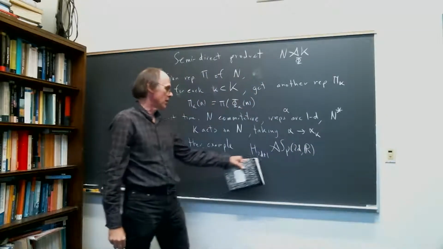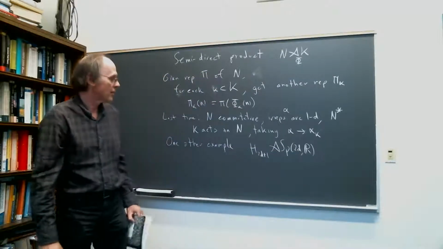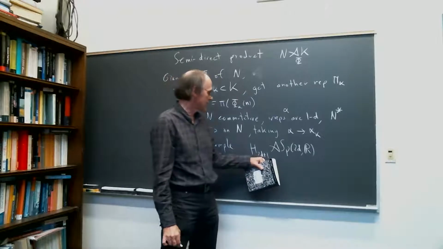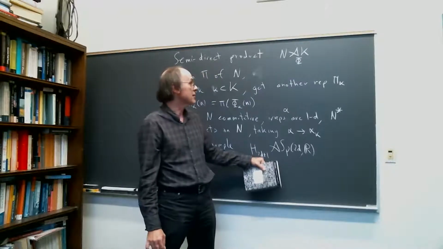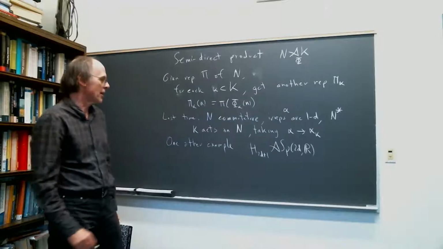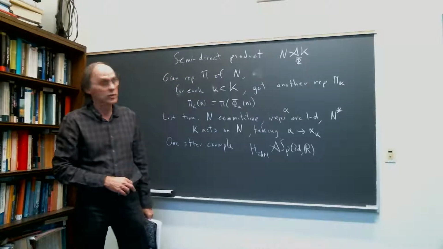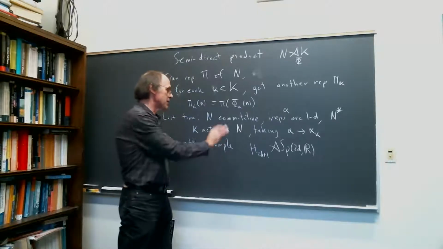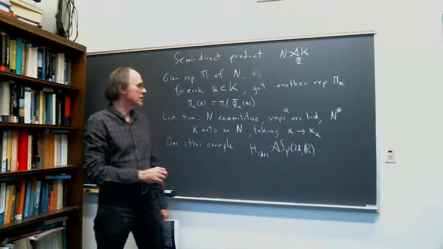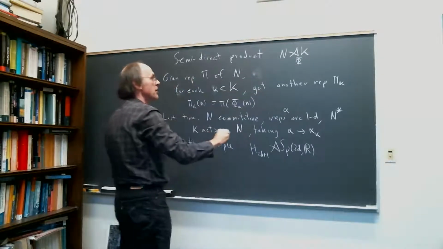The symplectic group acts as automorphisms on the Heisenberg group. Now the problem with this is that this guy is not commutative, so this doesn't fit into this framework. But there's something interesting you can say here, whereas normally it's hard to say anything.